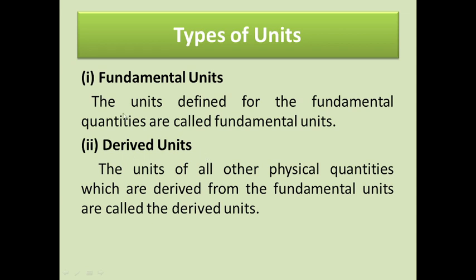What are fundamental units? The units defined for the fundamental quantities are called fundamental units. Derived units are the units of all other physical quantities, which are derived from the fundamental units. Fundamental quantities are like length, mass, time. Using these, we write the derived units like force, acceleration, velocity.